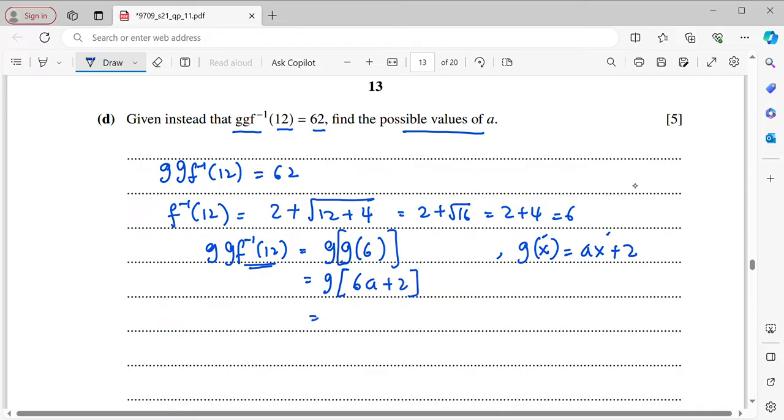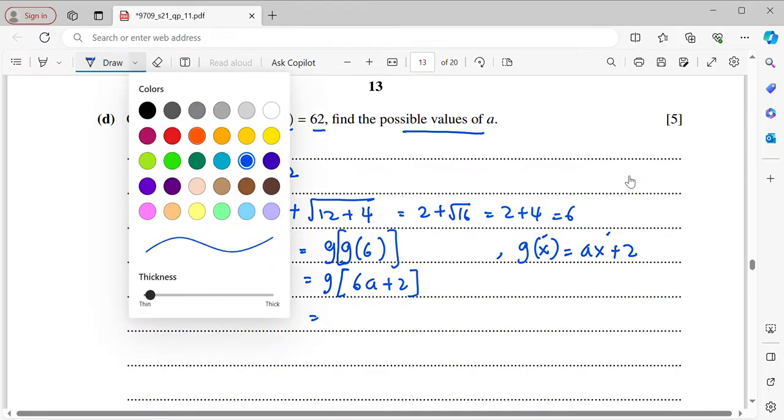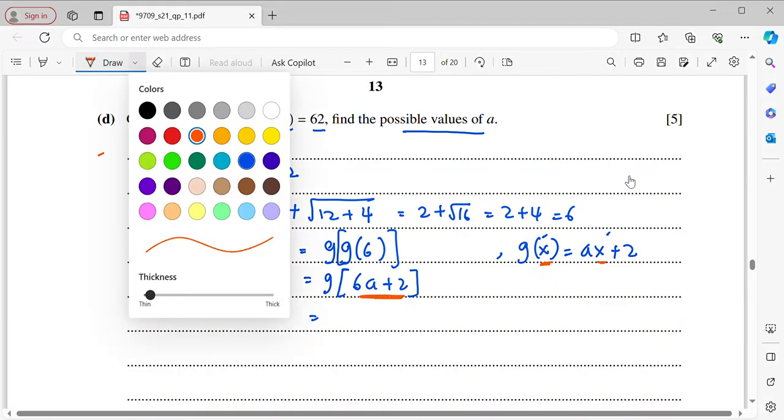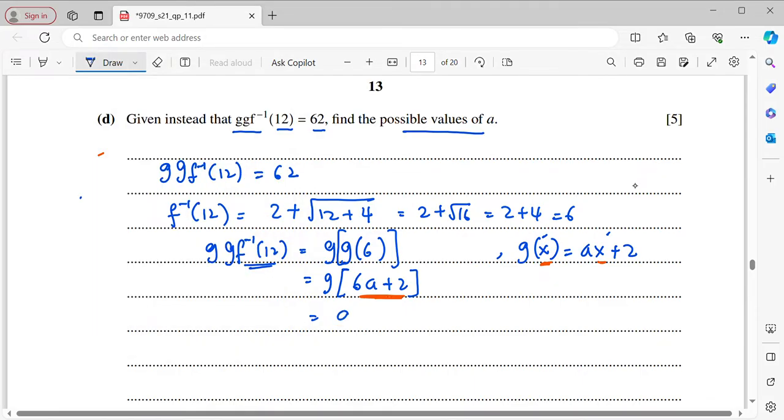Then again, g of 6a plus 2, which means now this x will be replaced by 6a plus 2. So this is going to be a times (6a plus 2), then plus another 2. Okay, and this is going to be 6a squared plus 2a plus 2.